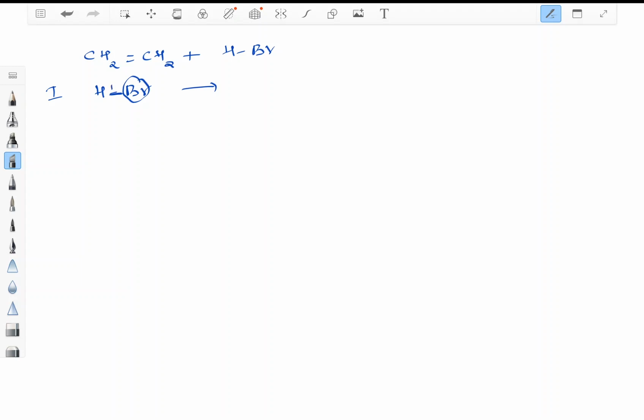So the bond is going to shift here, and we are going to generate H plus and Br minus. H plus is your electrophile, Br minus is the nucleophile. Generation of electrophile and nucleophile.